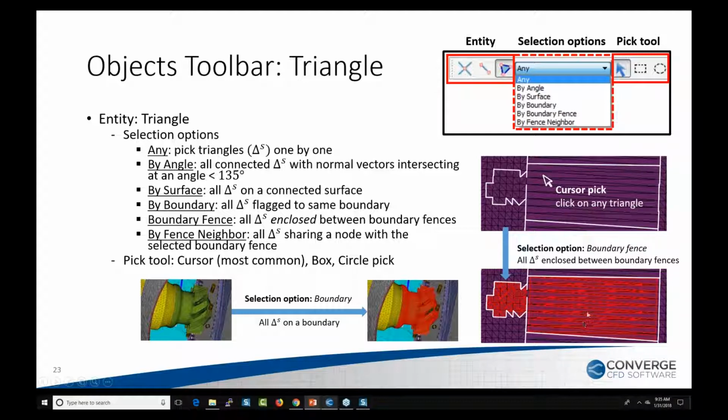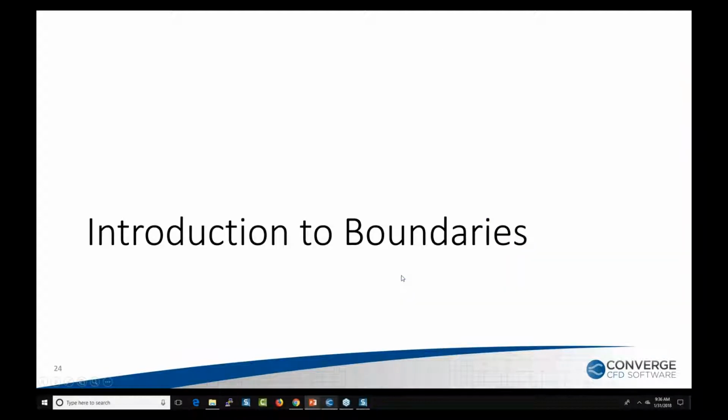You can also pick by a fence neighbor. This will select all triangles which share a node with the boundary fence. It's useful if you want to select all triangles neighboring a boundary fence. Again, different pickup tools are available: cursor, box, or circle pick.